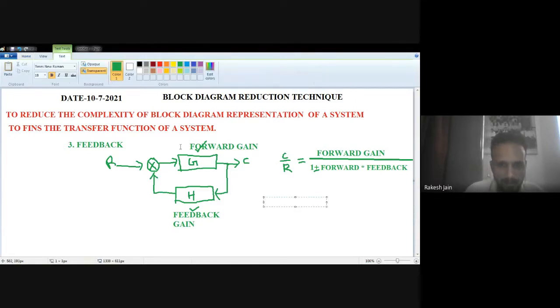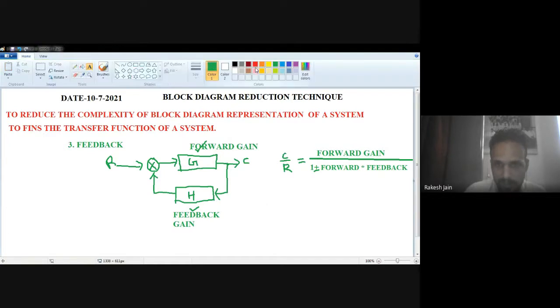Now whether it is plus or minus depends on this, see very carefully. With this red color I am showing you: if the feedback is with a negative sign, then in the formula we use a positive sign. If the feedback is with a positive sign, then in the formula we use a negative sign. If the red color means a negative sign in the summing junction, then in the formula we use a positive sign, and if positive in the summing junction, we use negative. So we use the opposite sign.